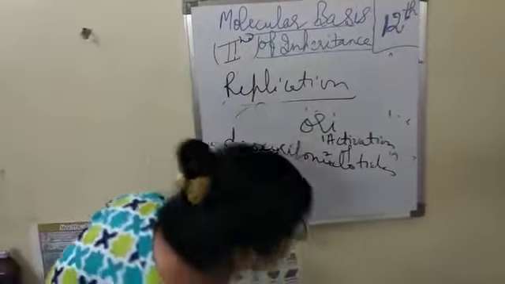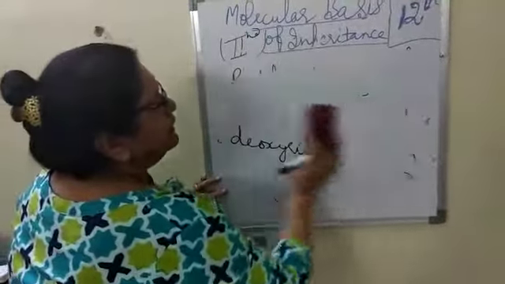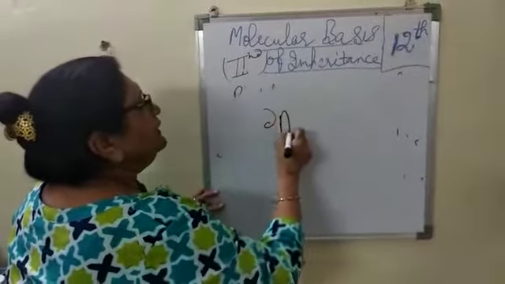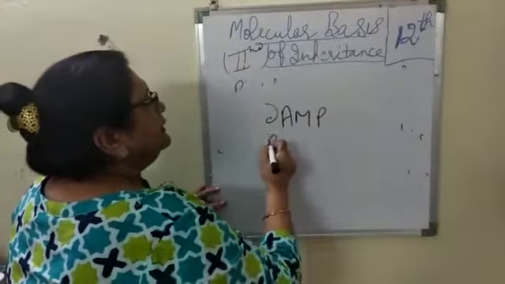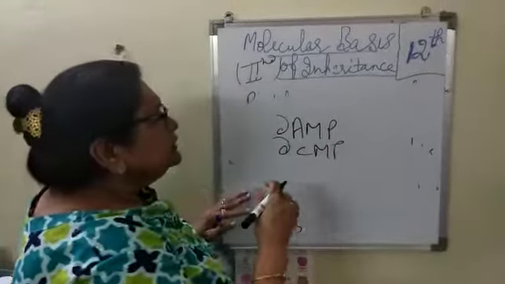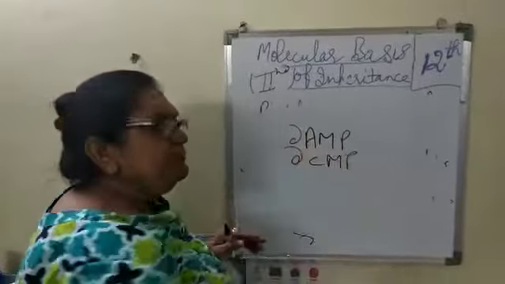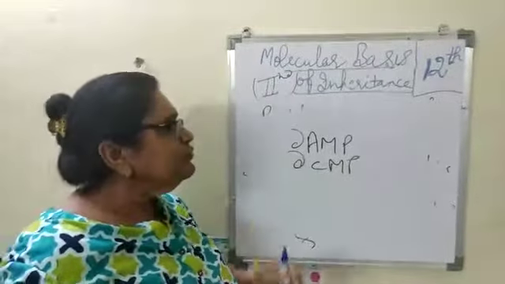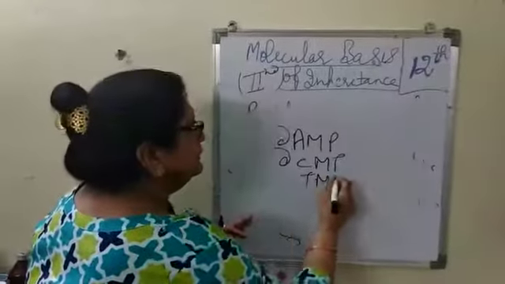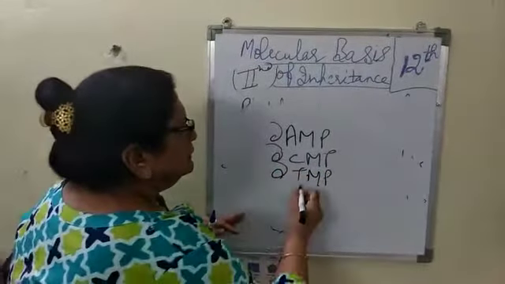They are freely present in the cytoplasm. They occur in the form of dAMP, dCMP, and so on. MP means monophosphate: adenine monophosphate, thymine monophosphate TMP, GMP.